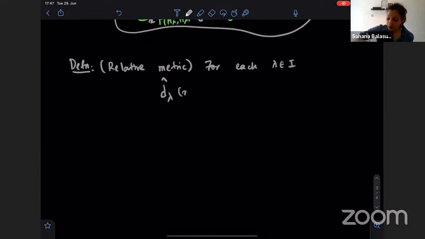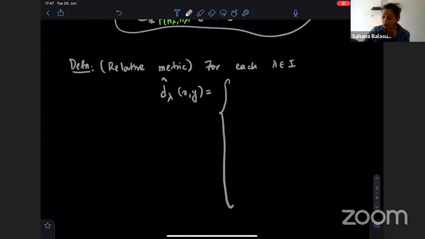And what does my metric look like? Well, if we let X and Y belong to our subgroup, then this metric has the following form.